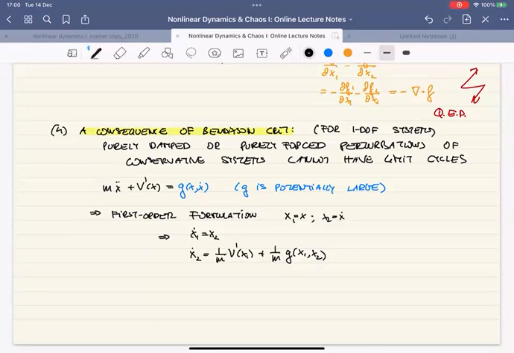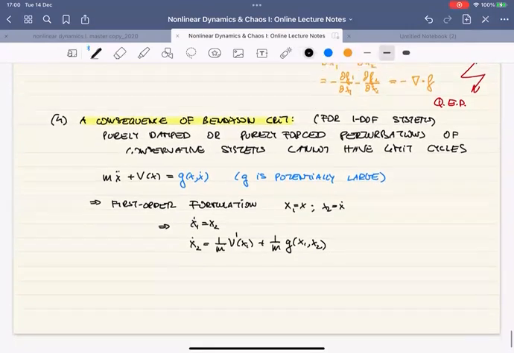Essentially, any one degree of freedom mechanical system that has a well identifiable part, which is conservative, which means potential, and all the rest is here. And I'm not saying it's small.